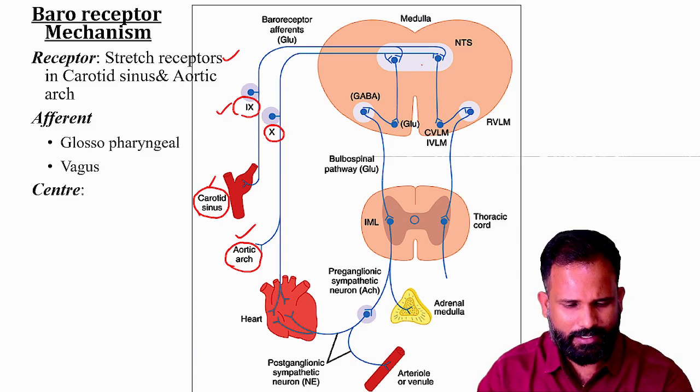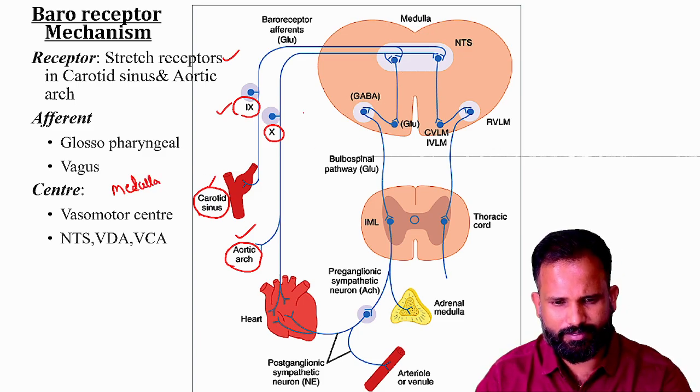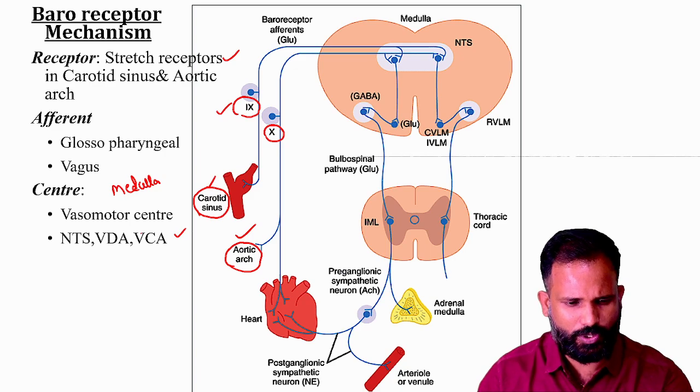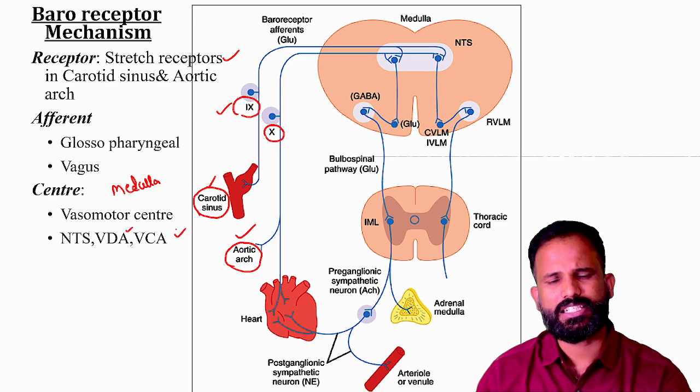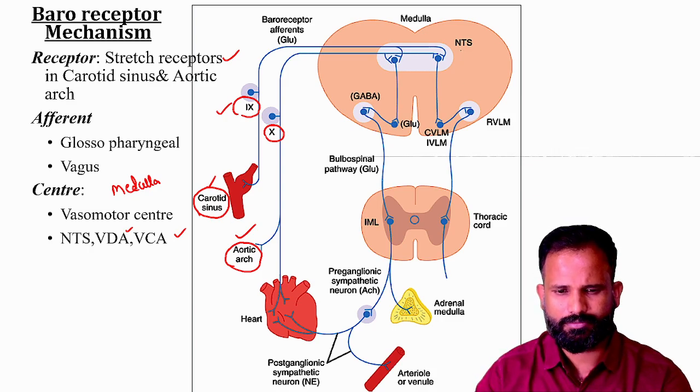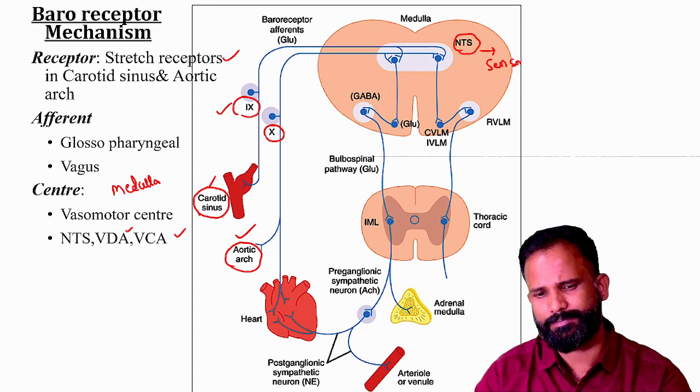Now the center is in the medulla, which is the vasomotor center, and it contains the following components: nucleus tractus solitarius, vasodilator area, vasoconstrictor area. So the nucleus tractus solitarius is considered the sensory area.